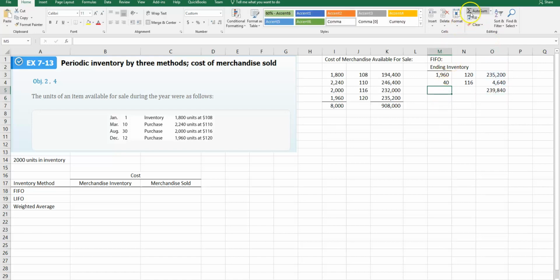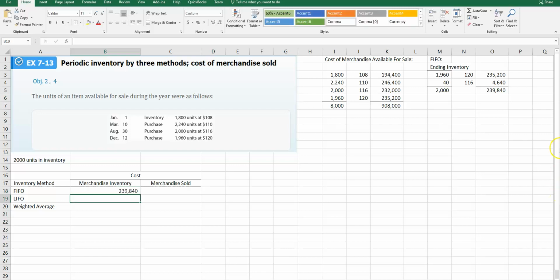And let's just go ahead and show that this is 2,000 as well. Put some underscores here. We have 2,000 units left, and the value of those 2,000 units is $239,840.